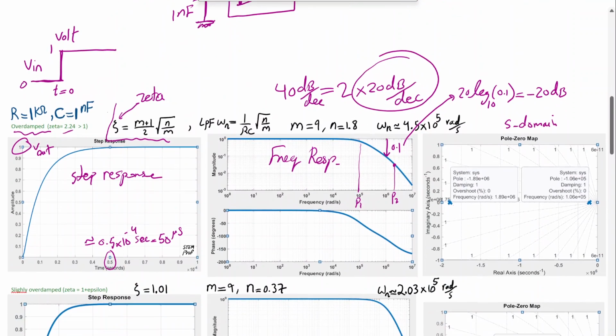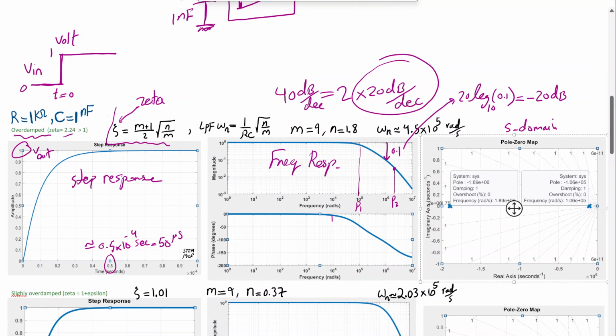Now if we start crossing a point that is about 0.1 p1, like in the phase Bode plot, then we start dropping the phase. The filter will start reducing the phase, and for every pole it reduces the phase by 90 degrees. So by the time we are done at about 10 times p1, we are down in phase from 0 to about negative 90 degrees.